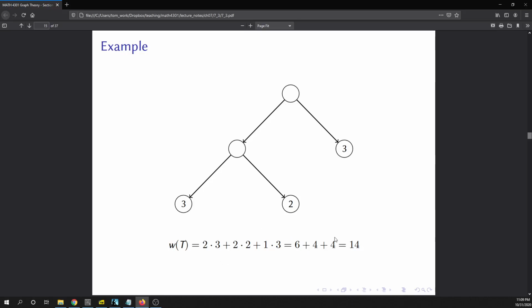So this weight is actually how many symbols are going to appear in the encoding of the message that we want to encode. And so what we want to do is to make this as small as possible. We want to make the weight as small as possible in this tree.